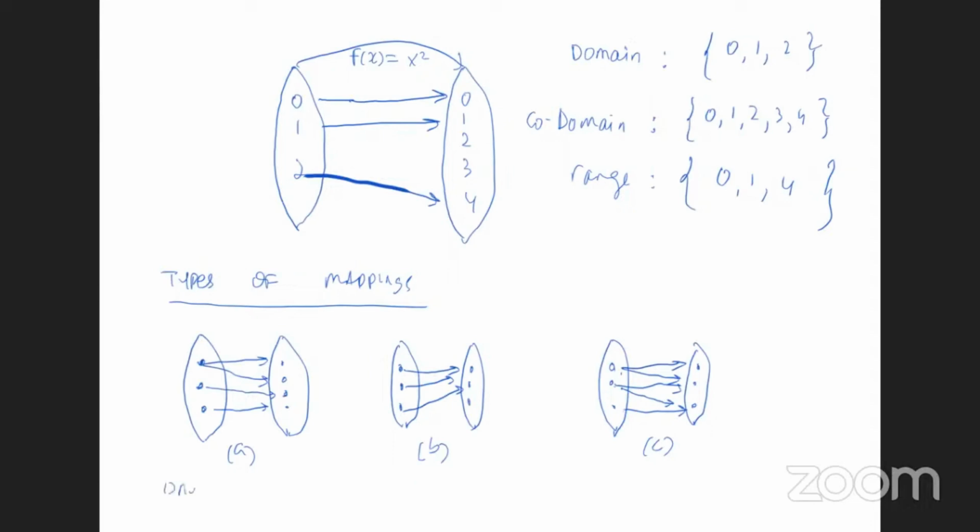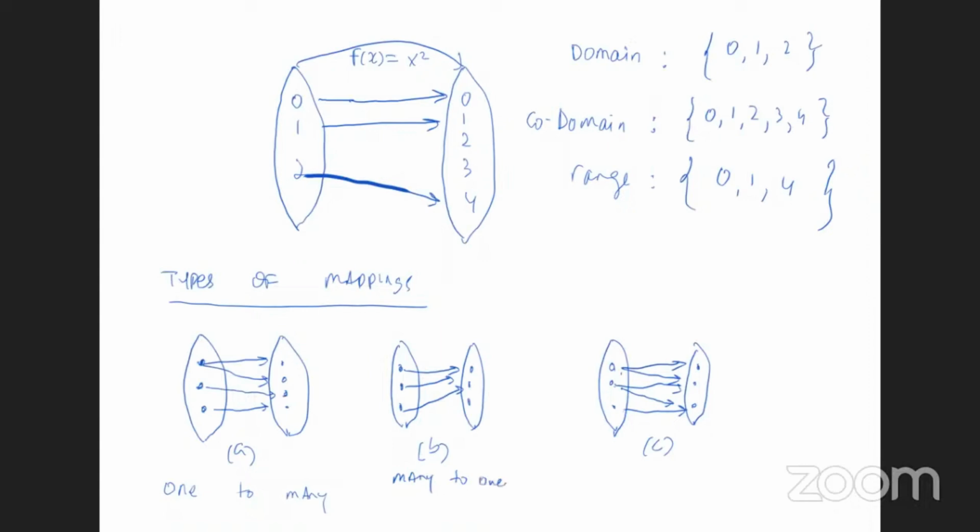Once you have one value in the domain with more than one mapping in the codomain, that is your one to many. Second one is what? Because you have many x values going to one y value. So this one here is many to one.